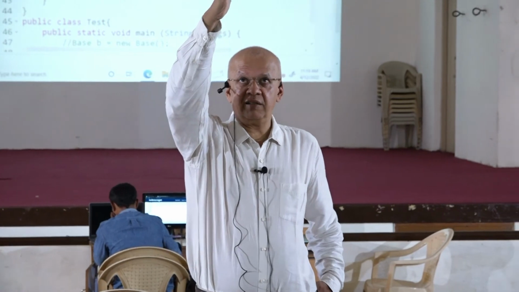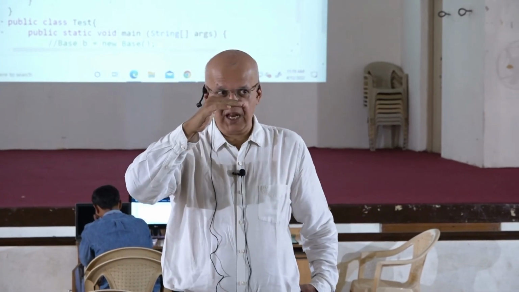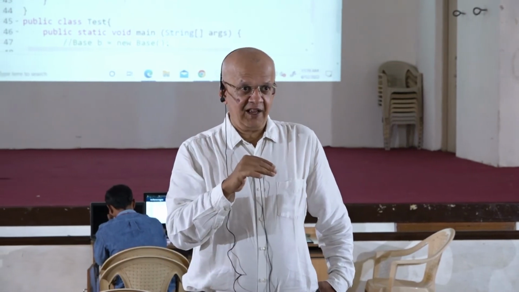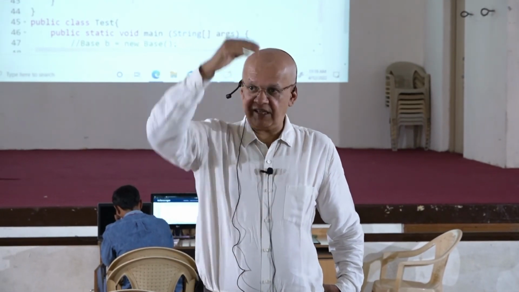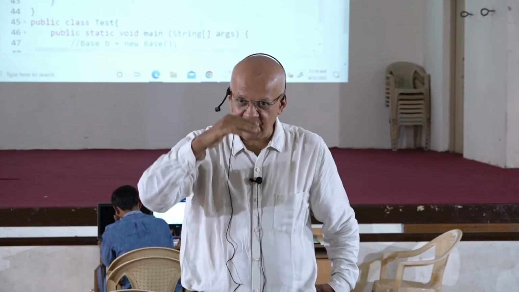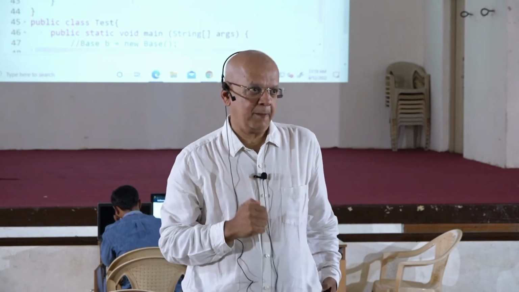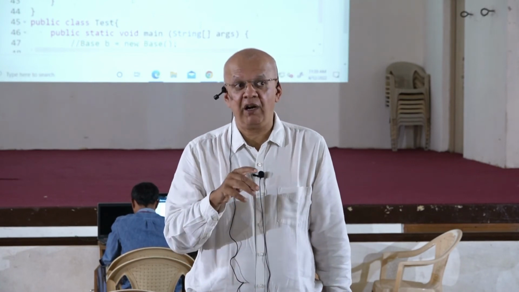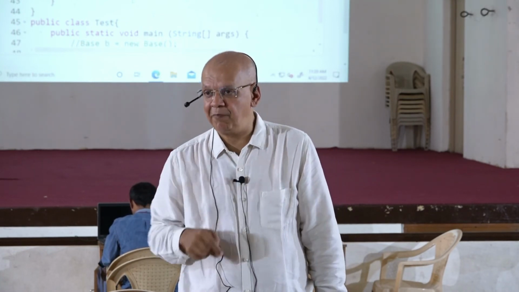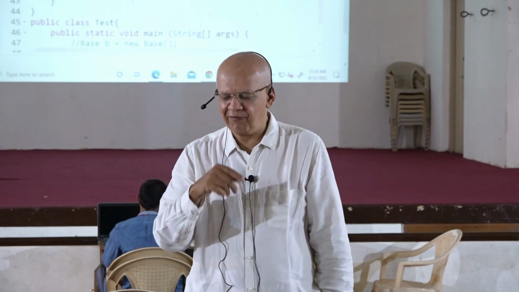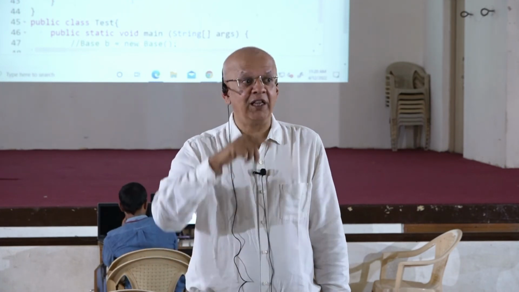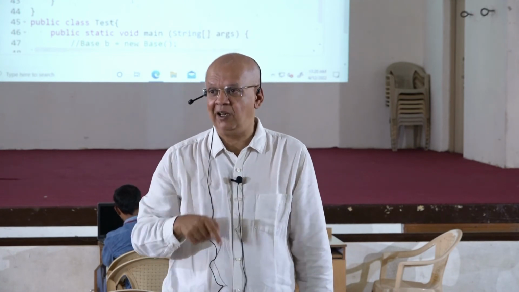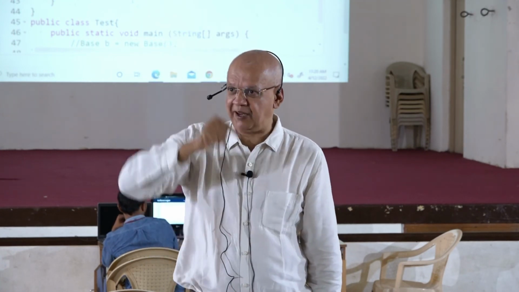There is a class A, there is a class B, and there is a class C. There is M1 in A, there is M1 in B, there is M1 in C. In C, I want to call not the M1 of B, but the M1 of A. That is, I don't want my father's M1, I want my grandfather's M1.